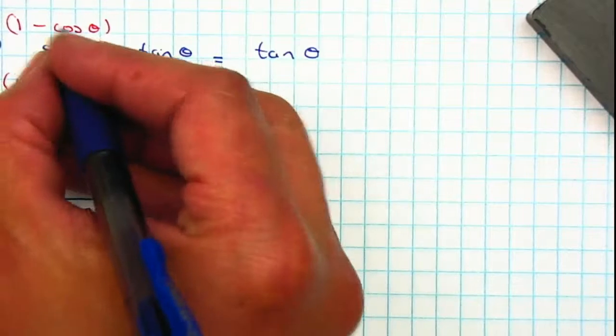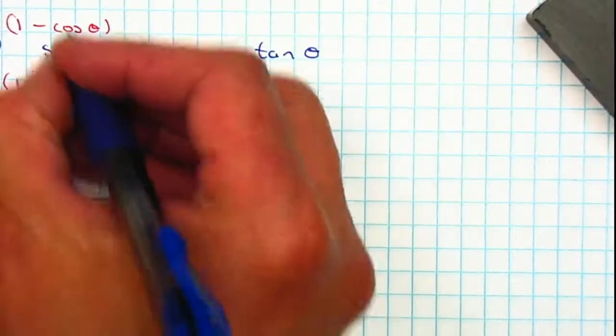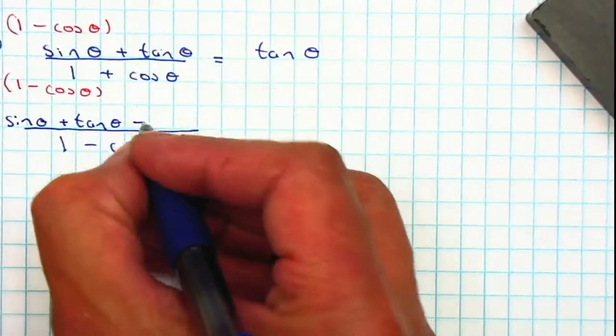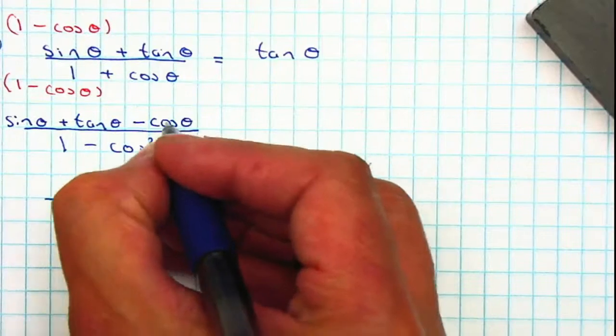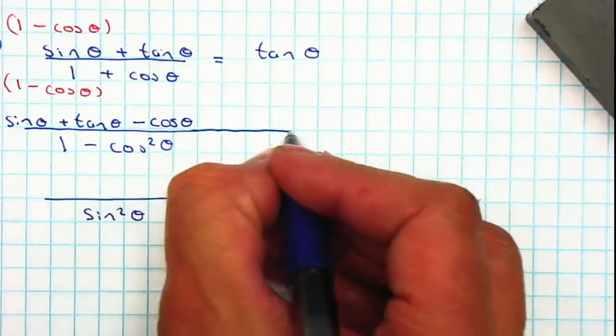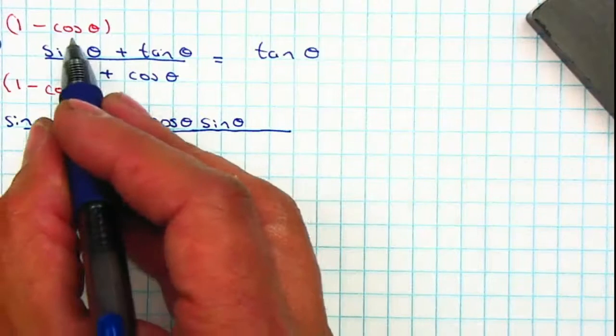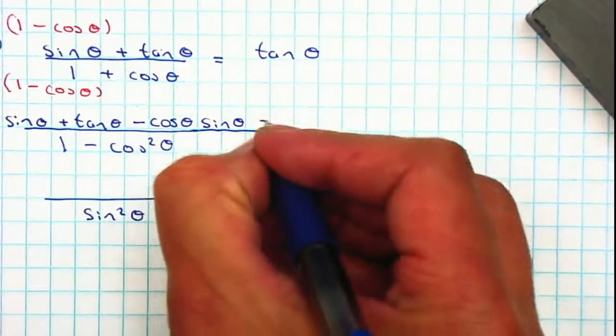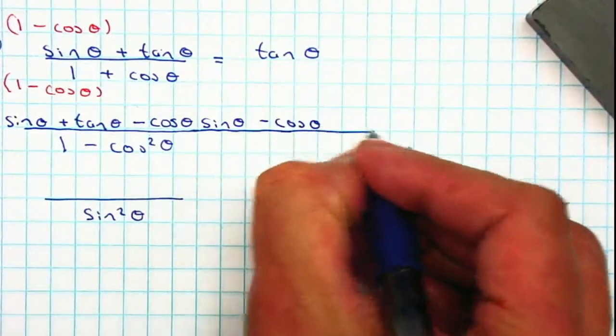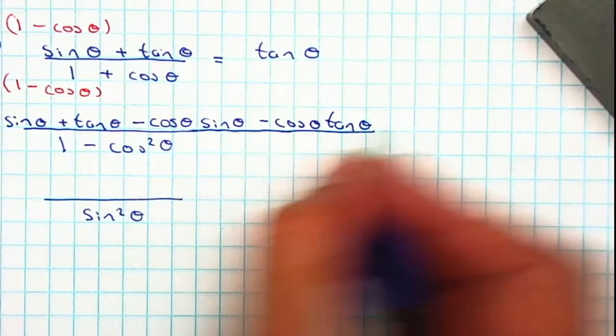Now I'm going to multiply the negative cosine times them both. Negative cosine theta times sine theta will be negative cosine theta multiplied by sine theta. And when I multiply negative cosine times tangent, it will be negative cosine theta multiplied by tangent theta.